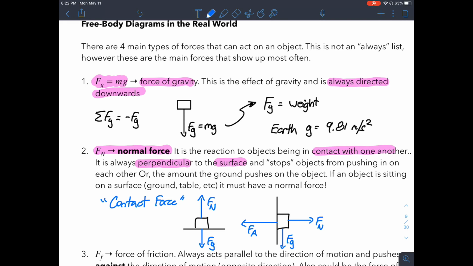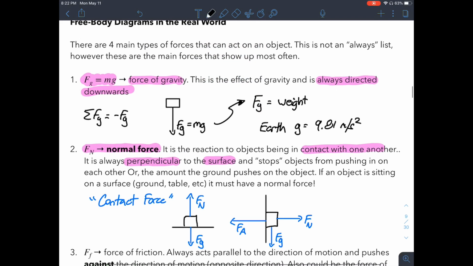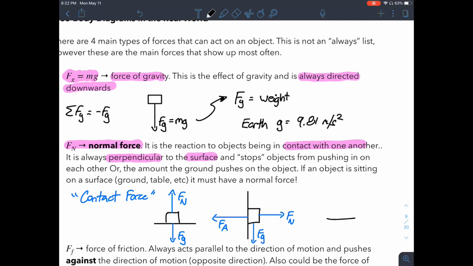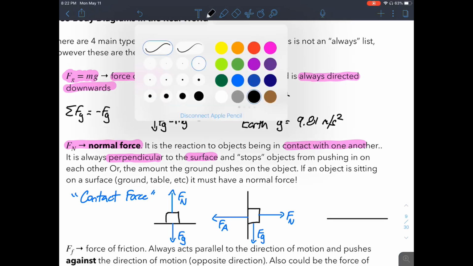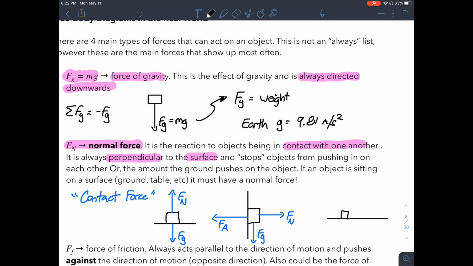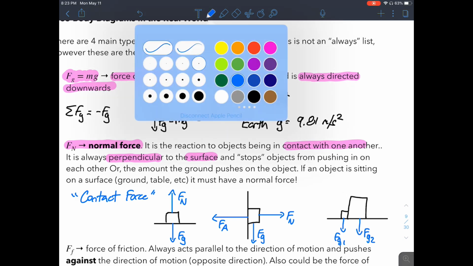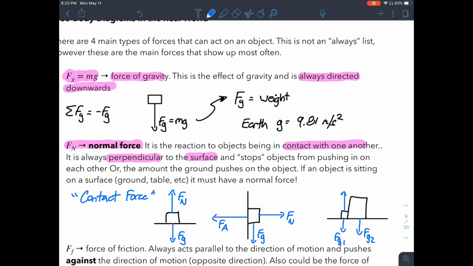The other option, a little bit more advanced, we might not see it too much here, is if we have two boxes. Let's say we have a smaller box here next to a larger box, okay? Both these boxes, I'll call this FG1 and FG2, both have the force of gravity going down, but both have their normal forces going up, like so.